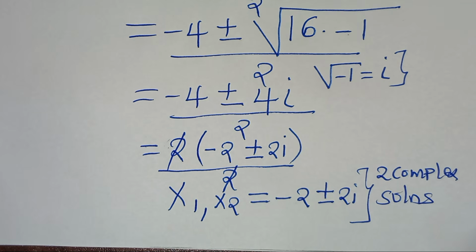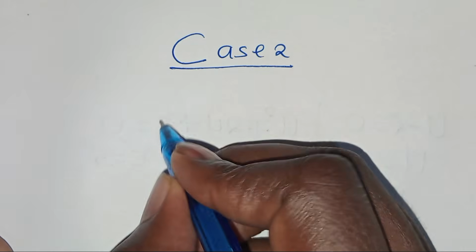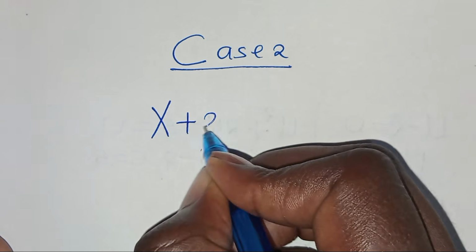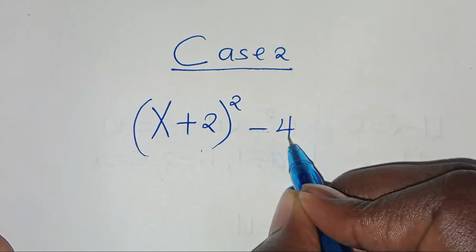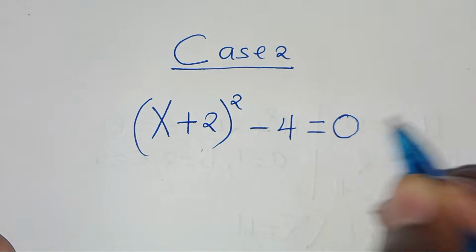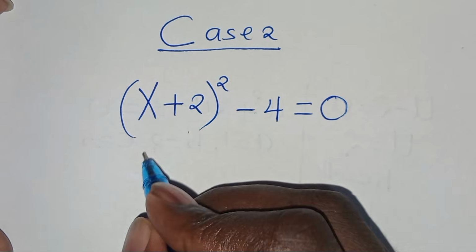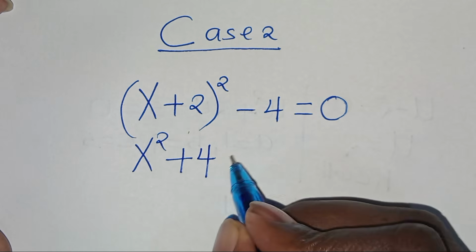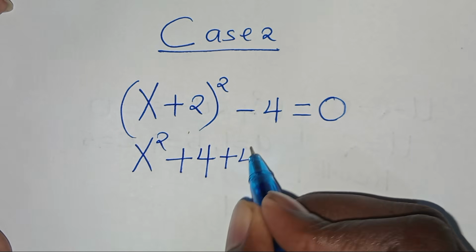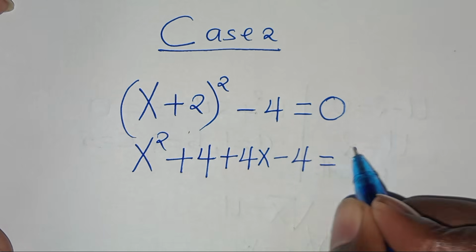So let's proceed to case 2. In case 2, we have (x + 2)^2 - 4 equals 0. Let's expand this so that we have x^2 + 2^2, this is 4, then plus 4x, minus 4, equal to 0.